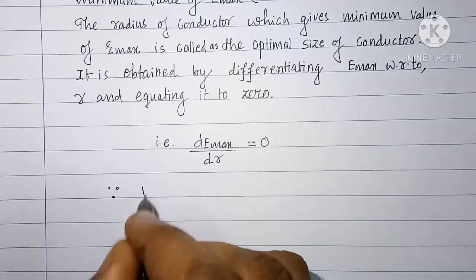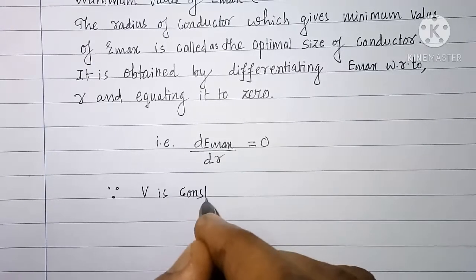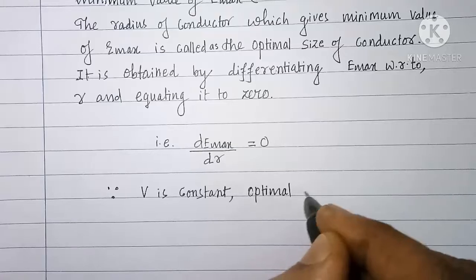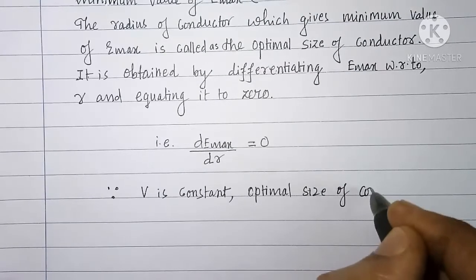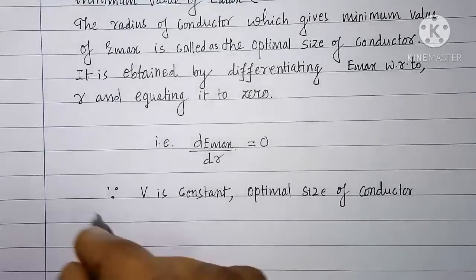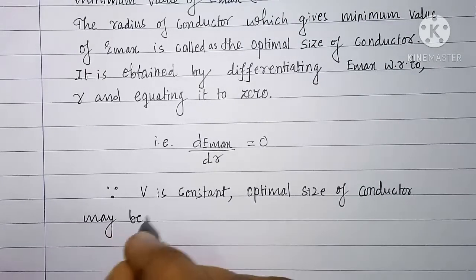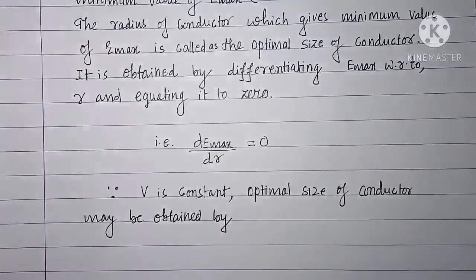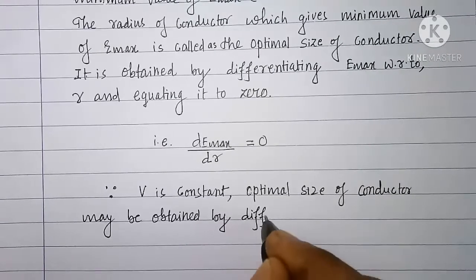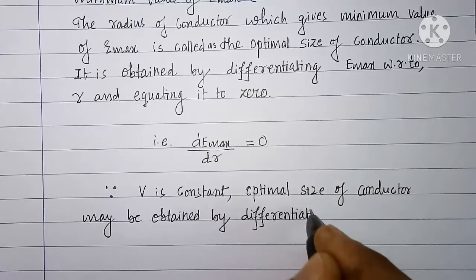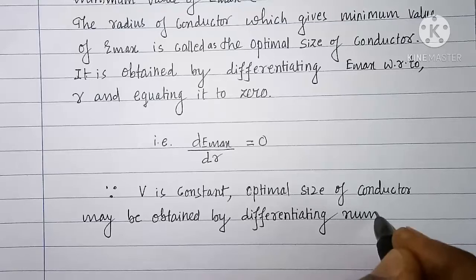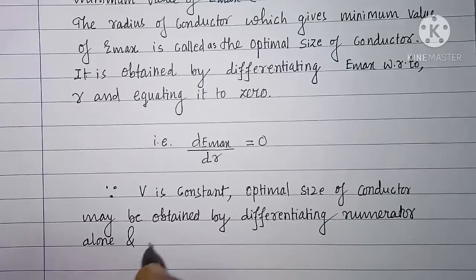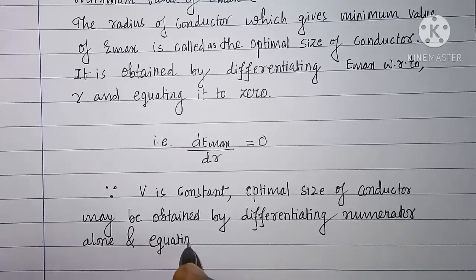Since V is constant, optimal size of conductor may be obtained by differentiating the denominator alone and equating it to 0.